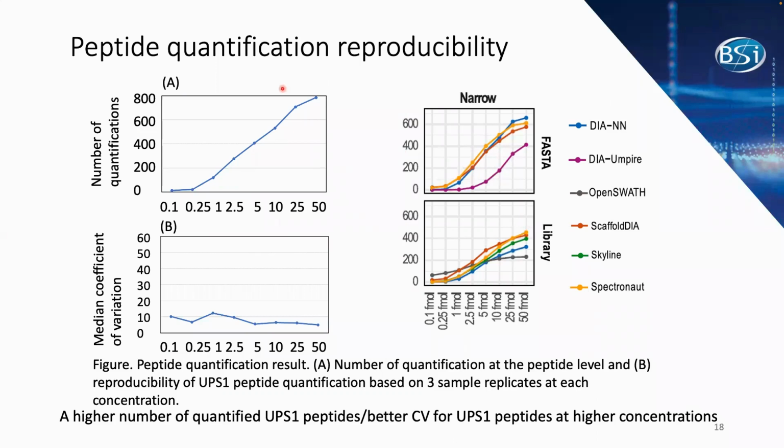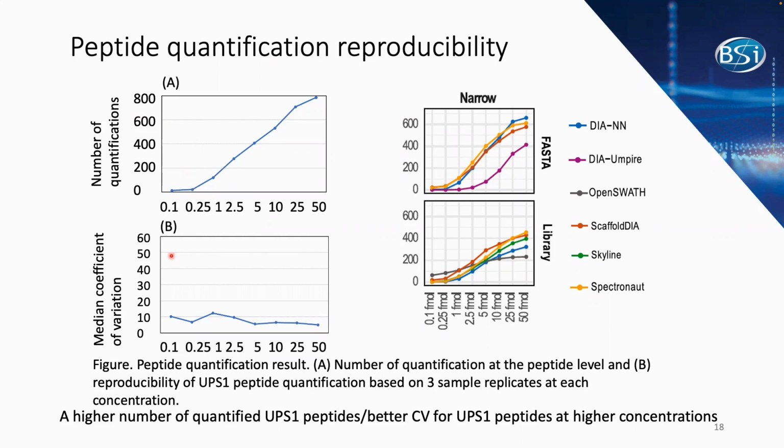First, let's take a look at the quantification number at the peptide level. For one peptide to be quantifiable, an intensity from that peptide had to be measured in all 3 replicates. The top left figure here shows the number of UPS1 peptides quantified at each concentration based on the 3 replicates.